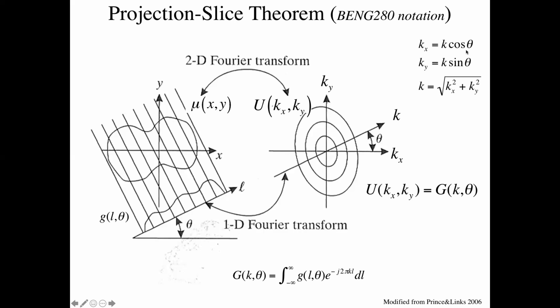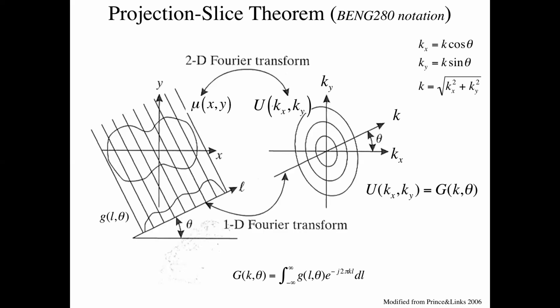So it's polar coordinates in the Fourier domain. And so I have this function, and it's entirely equivalent to this function, right? I can basically map it out in polar coordinates, or I can map it out in Cartesian coordinates.